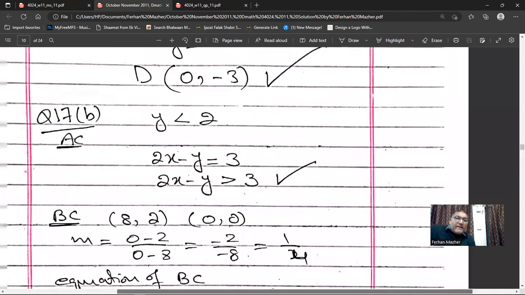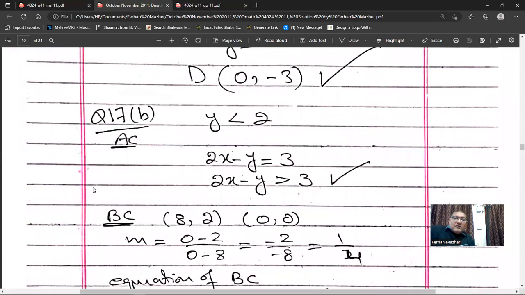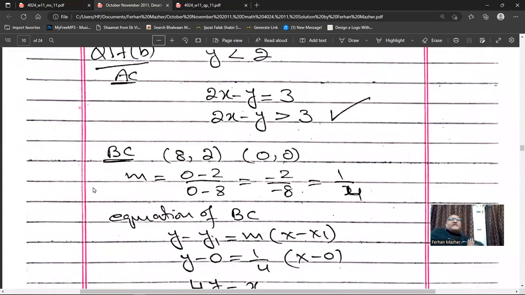Okay, the equation of AC is given, 2x minus y equals 3. Because the area is below the AC line, the crocodile's back must be towards the y. But here there is a problem. The y is not positive here. So because the y is negative, the rule will change. So now you will have 2x minus y greater than 3.